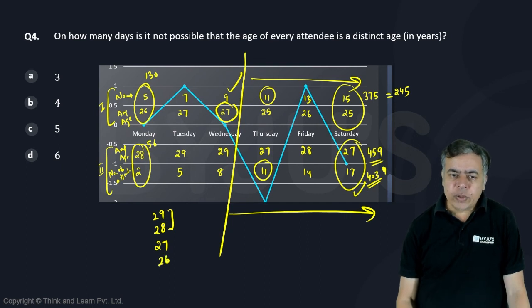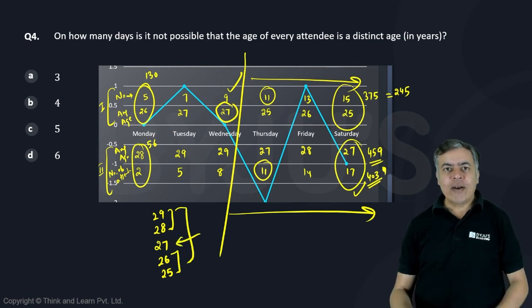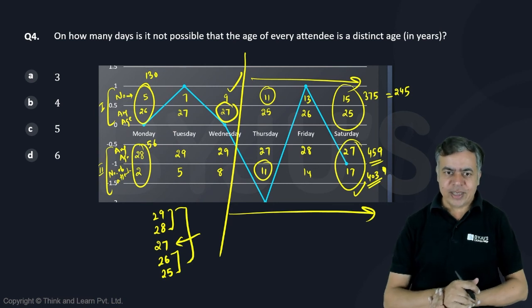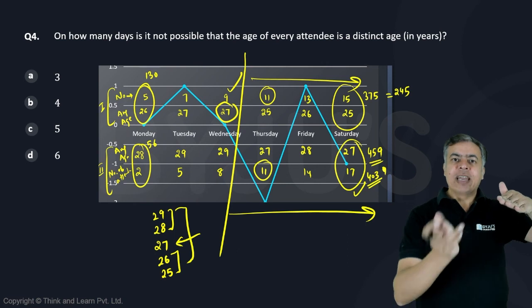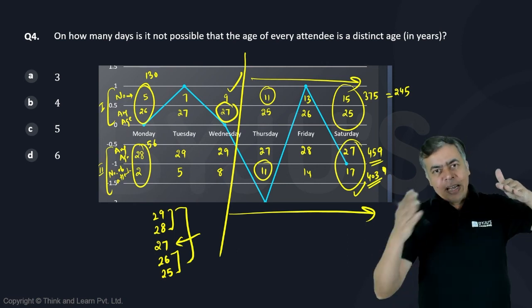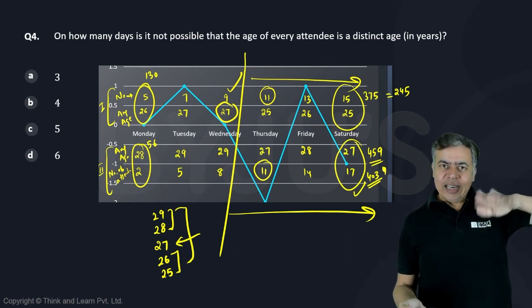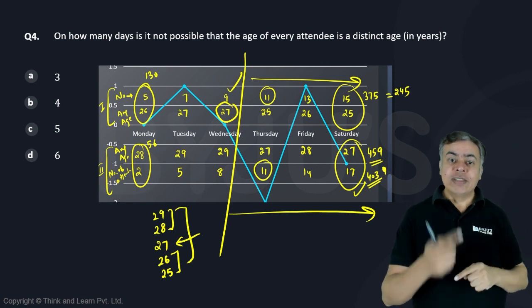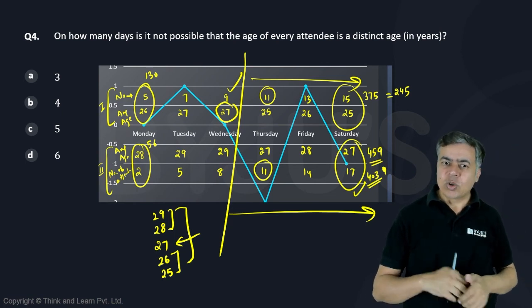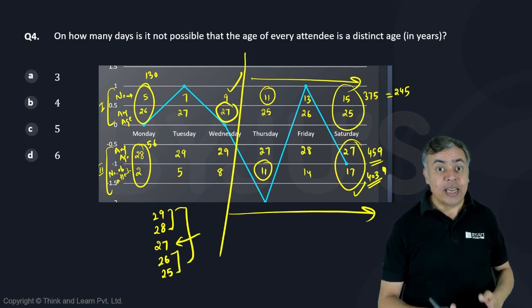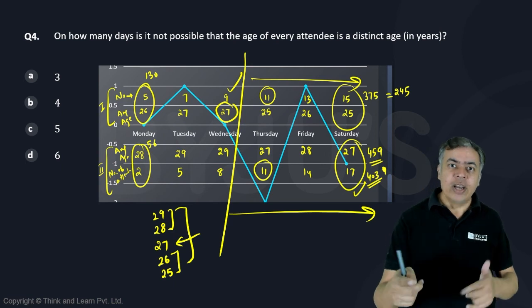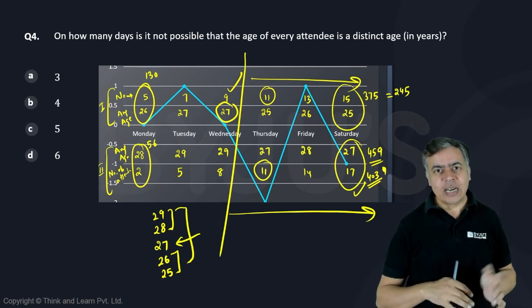So there can be 26 and 25, only 2 persons balancing these with distinct numbers to have an average of 27 only. So I can have only these 5 people having distinct numbers and an average of 27. Because if I take 24, I need 30 also to have that same average. So I cannot have 9 persons. 9 persons' average cannot be 27 if they have distinct ages and they are all in their 20s. Okay, so that is the problem.